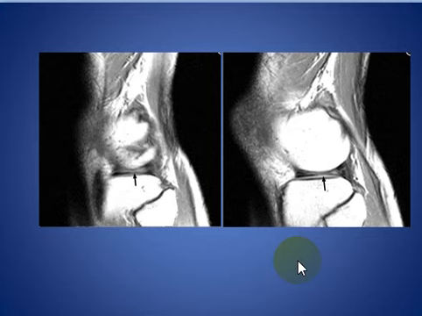The absence of normal bow tie is secondary to displaced fragment, which makes the handle of the bucket.